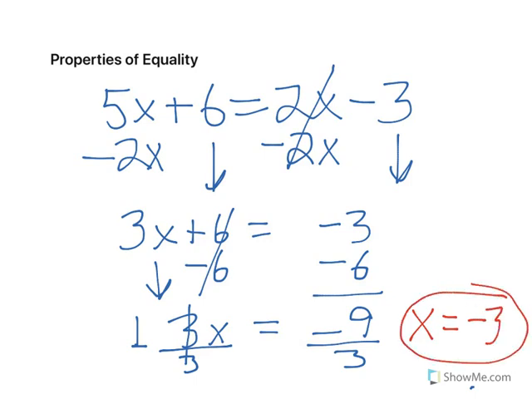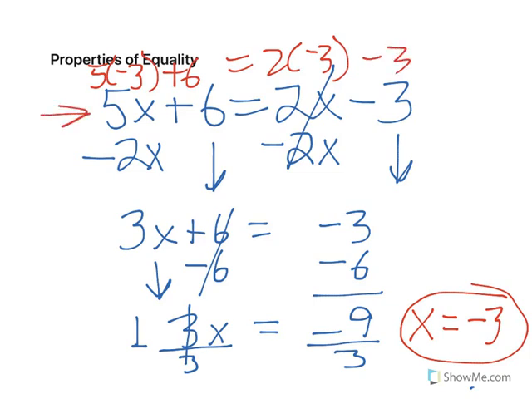And if you want to check your work, you can plug it back in. So 5 times negative 3 plus 6 is equal to 2 times negative 3 minus 3. So I just took this original equation and plugged in negative 3 for x right here and over here.